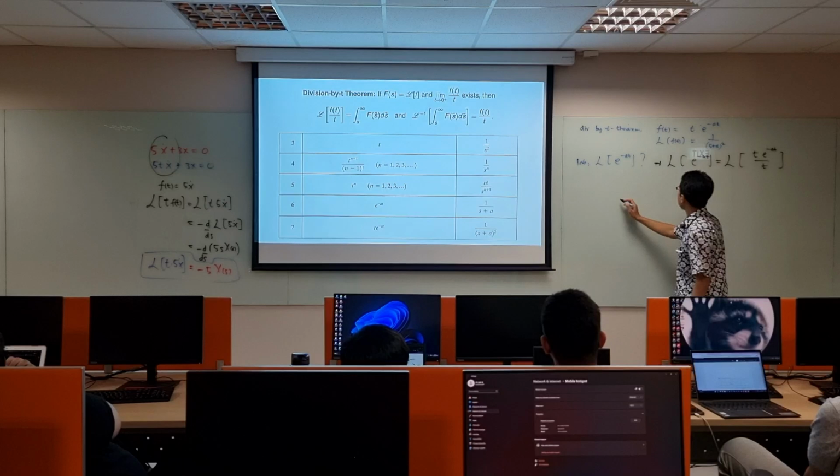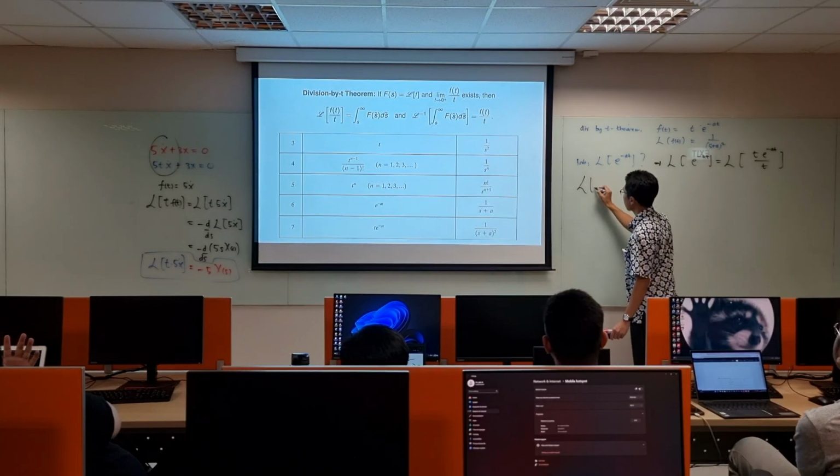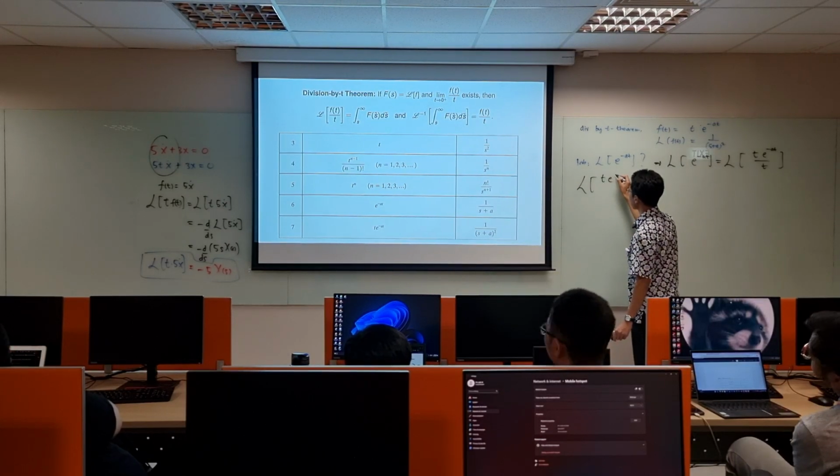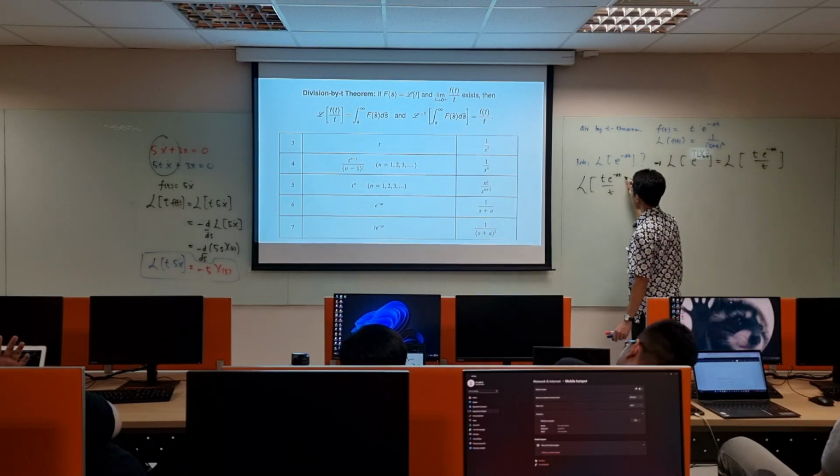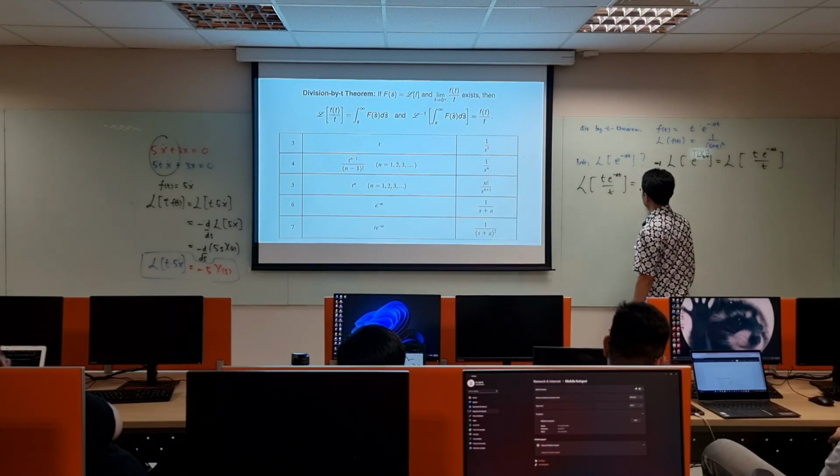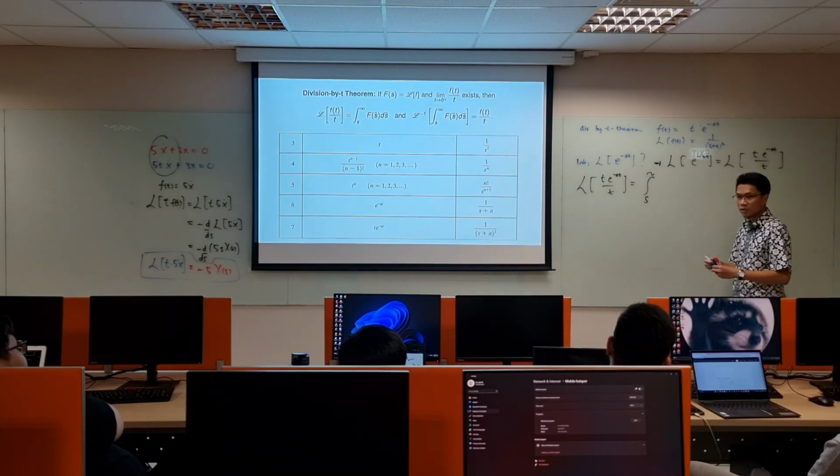So how to answer it? Laplace of this is the integral. What do we integrate?